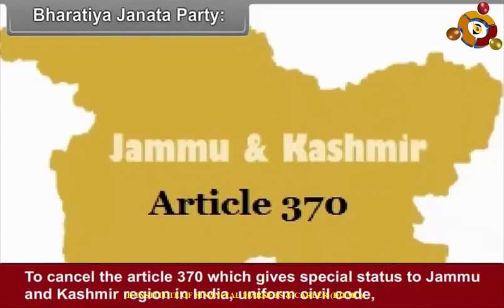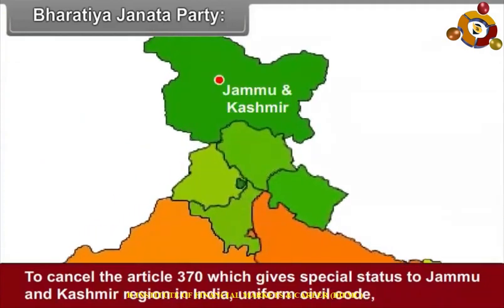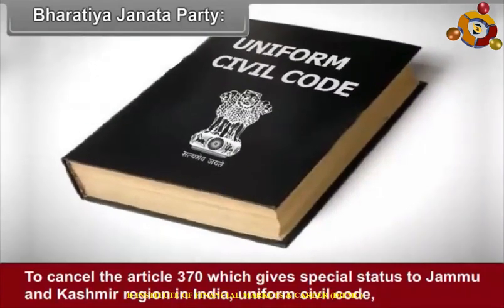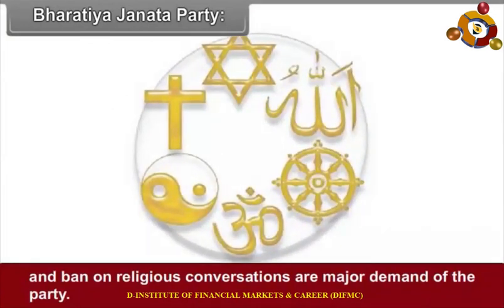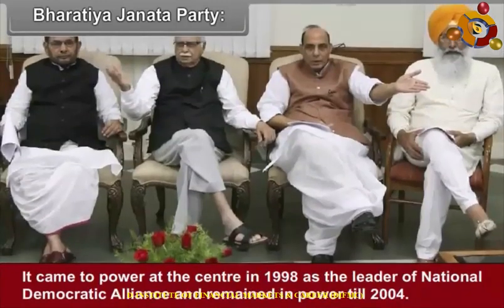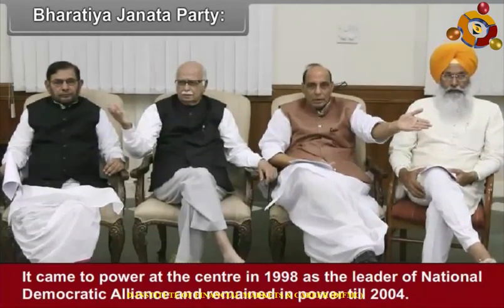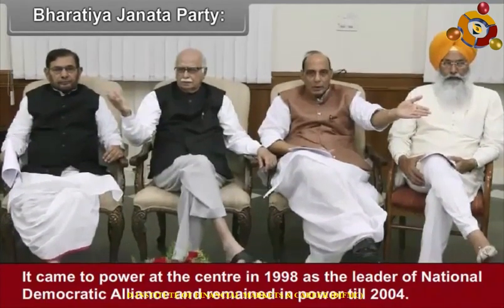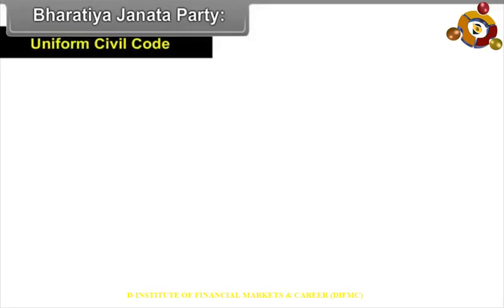To cancel Article 370, which gives special status to the Jammu and Kashmir region in India, Uniform Civil Code and a ban on religious conversions are major demands of the party. From the decade of 1990, the influence of the party started increasing. It came to power at the center in 1998 as the leader of the National Democratic Alliance and remained in power till 2004.